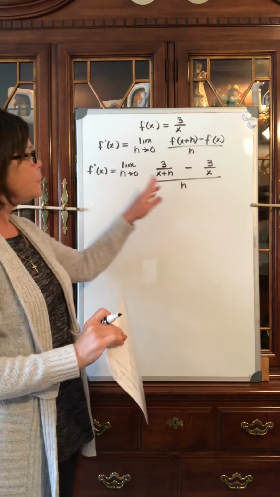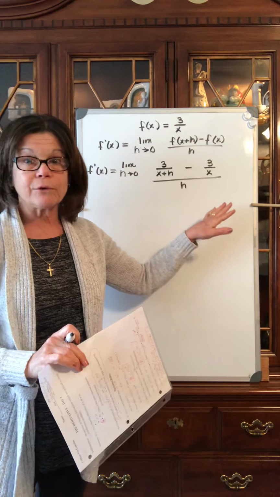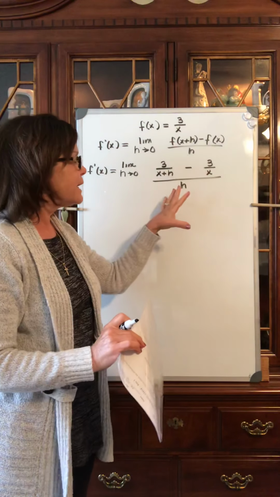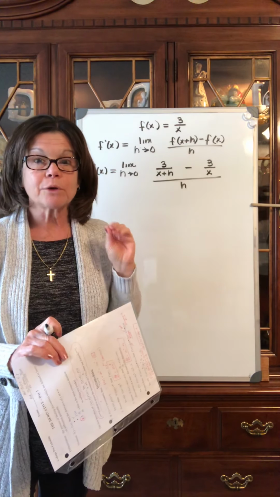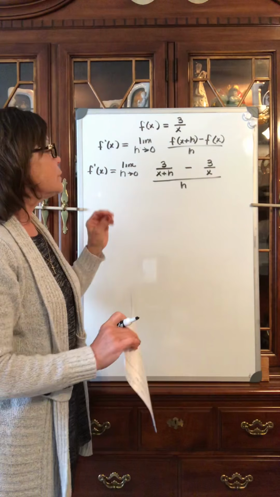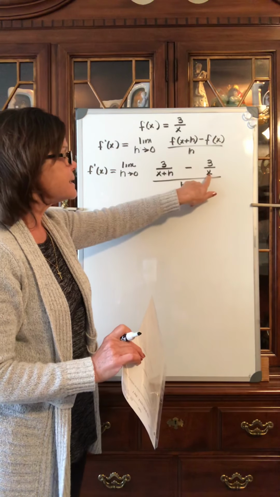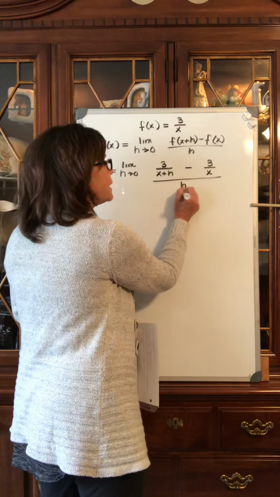Okay, so if I were to plug 0 in for h right now, this would be undefined. But we're going to simplify this, and then when we're done simplifying, we're going to replace h with 0. So there's 3 fractions. One has a denominator of x plus h, one has a denominator of x, one has a denominator of 1.